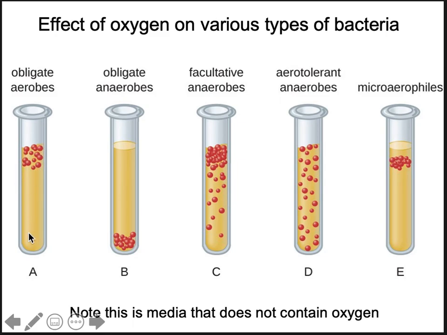So you've removed all the oxygen from this media, and from the properties of oxygen, we know oxygen does not diffuse very well through the media, because oxygen is poorly soluble in water. So because oxygen's not good at dissolving in water, it's only going to diffuse at the top of the tube.